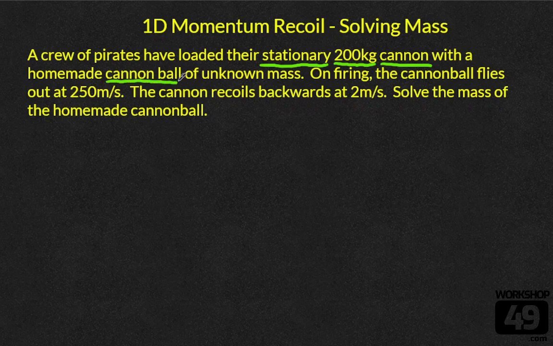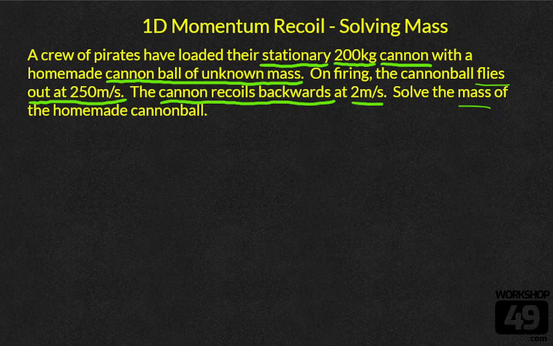So they made their own cannonball, but they don't know how heavy it is. On firing, the cannonball flies out at 250 meters per second. The cannon recoils backwards at 2 meters per second. Solve the mass of the homemade cannonball.